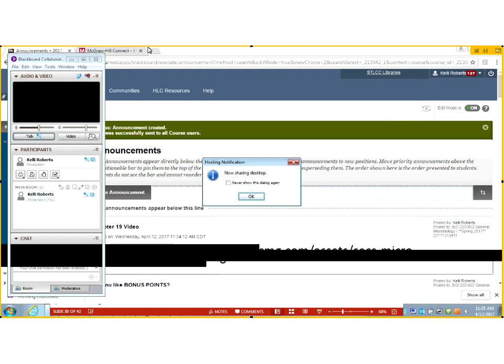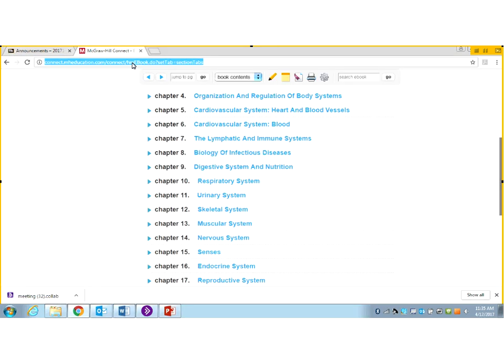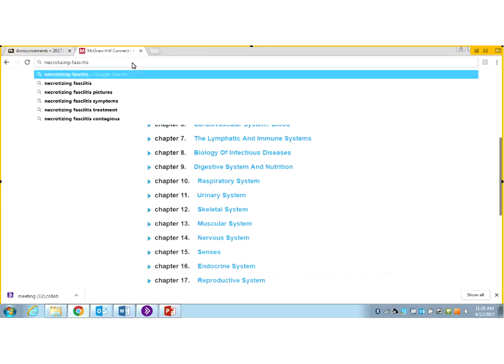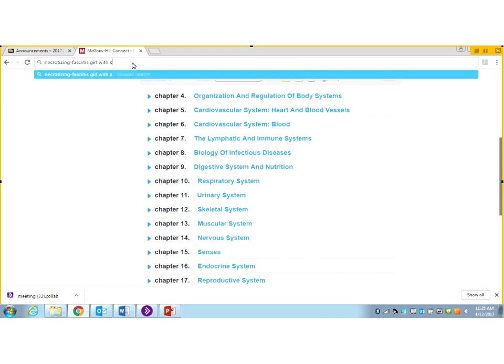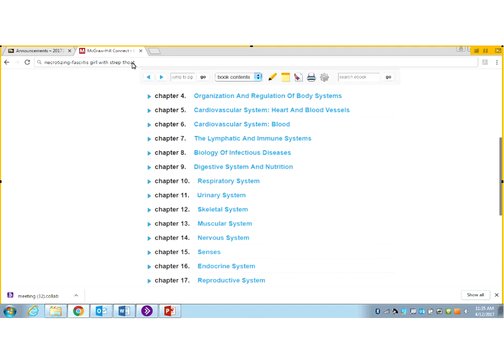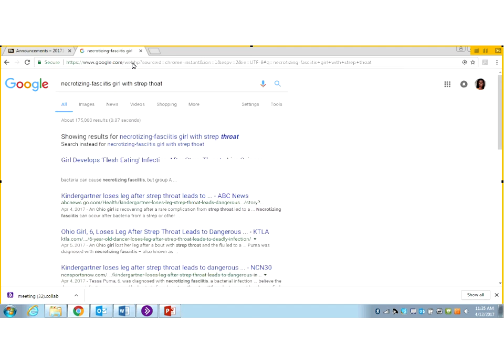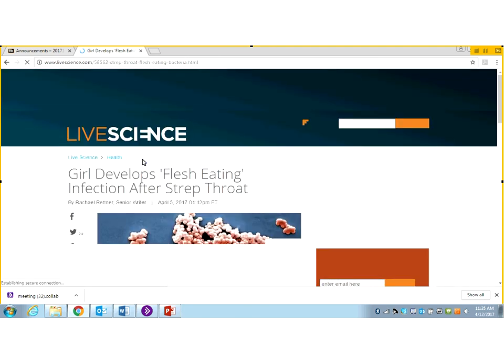However, the appearance of the infection is much reduced in comparison to the pain. And they think it started as strep throat. She was a little girl, only about 5 years old.